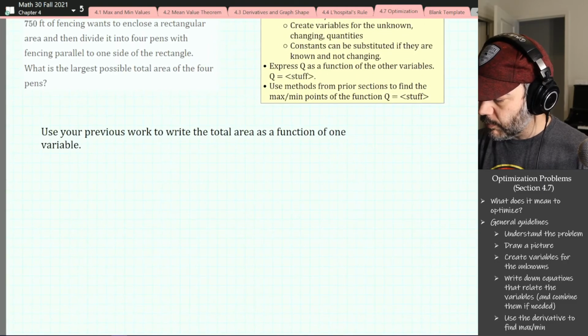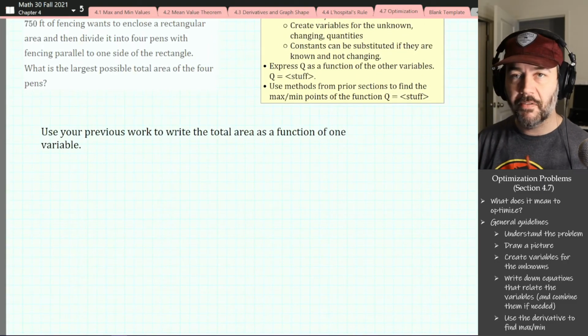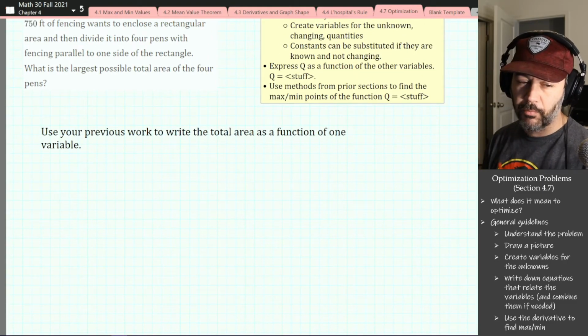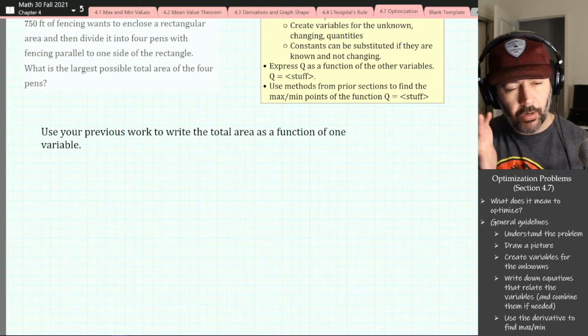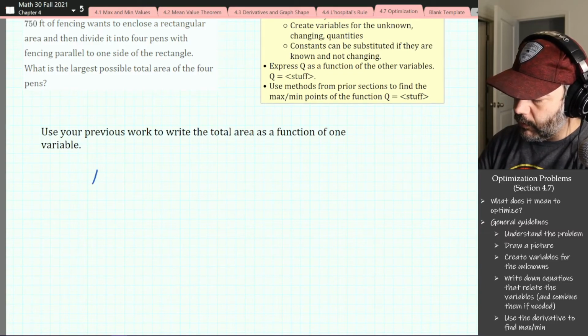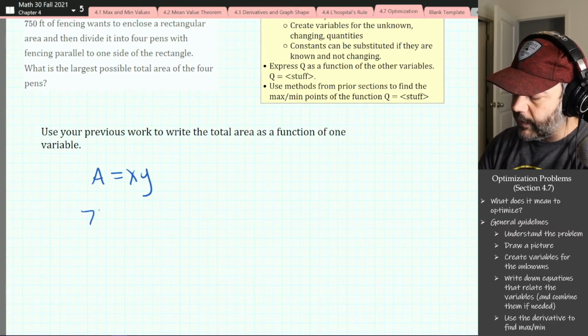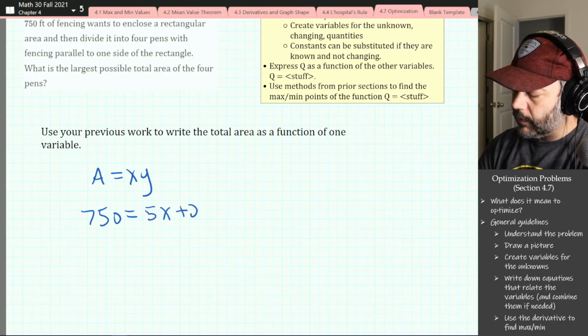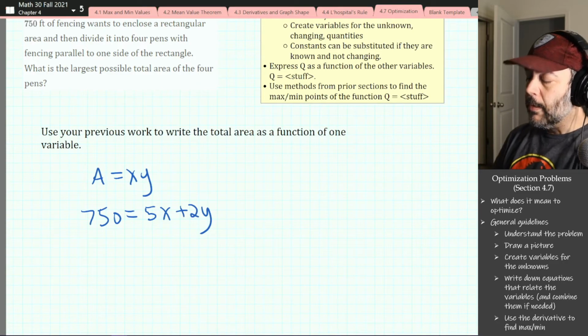And here, use your previous work to write the total area as a function of one variable. I forgot that the textbook worded it like this, so sorry, I think I said something slightly wrong previously. What do we have? A equals xy, and we have the fencing, 750 equals 5x plus 2y. I think that's what it was.